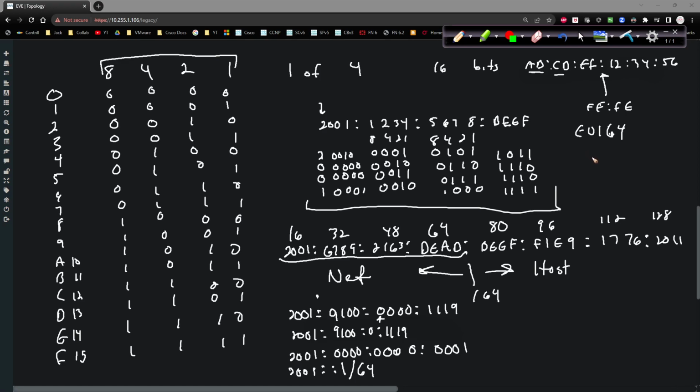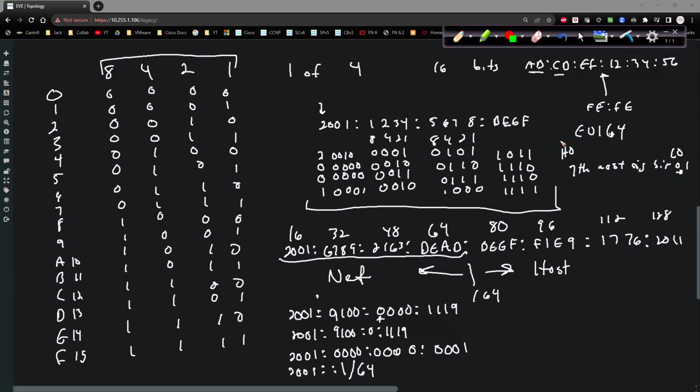Remember we talked about this in IPv4, the high order versus the low order of an address space, where the high order is always the bit furthest to the left and the low order is the bit furthest to the right. What ends up happening is you take the seventh most significant bit and you turn it on. So you go from 0 to 1.